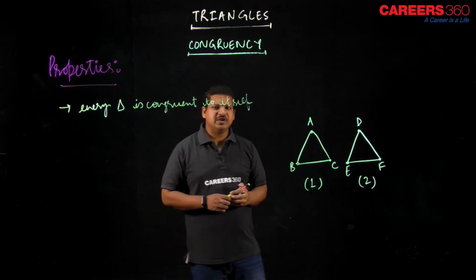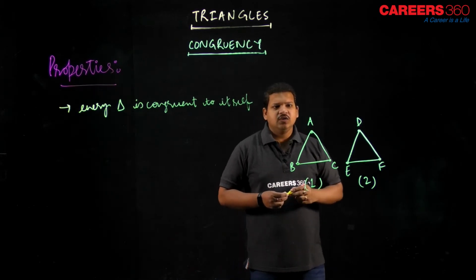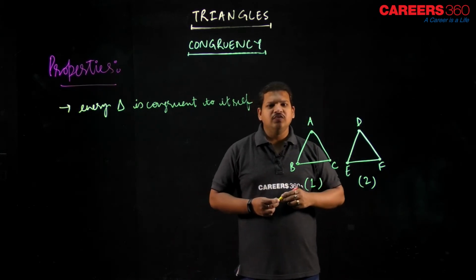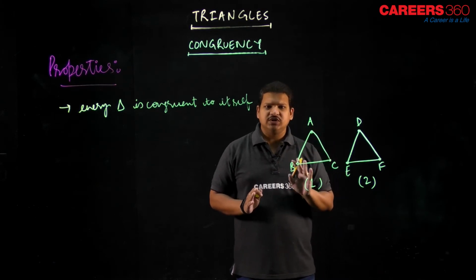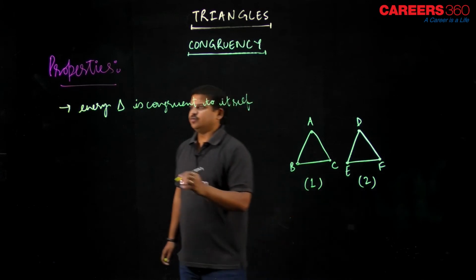This is a pretty basic statement: whatever the triangle is, it will always be congruent to itself, that is, it will always superimpose itself. So that is obviously true.